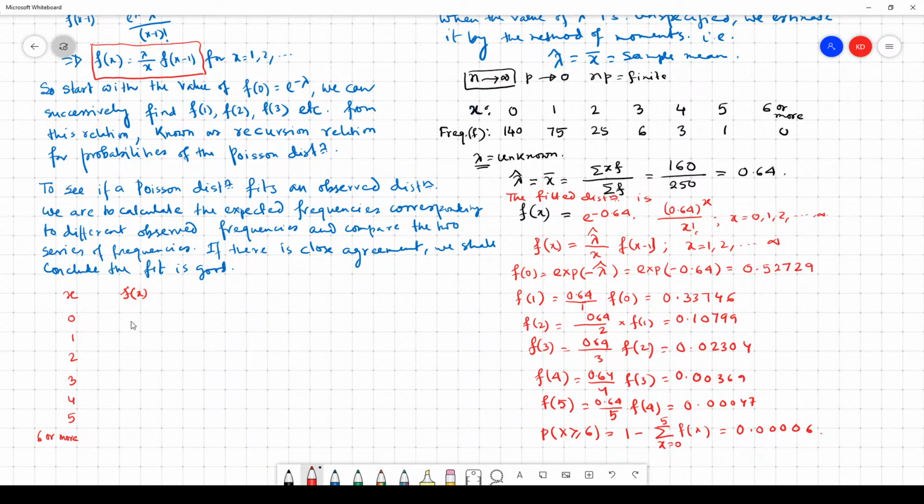And these probabilities are 0.52729, 0.33746, 0.10799, 0.02304, 0.00369, 0.00047, 0.00006.